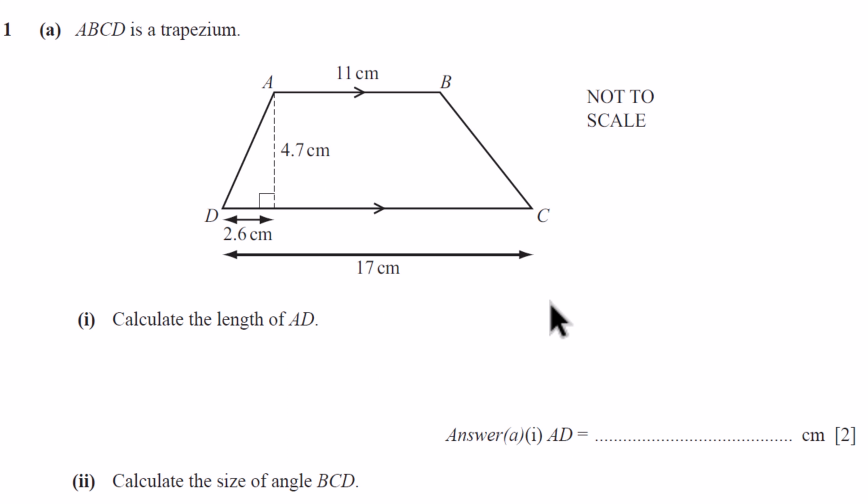So the very first question here shows a trapezium. We are being asked to find the length of AD, which is this slant side here. We're also asked to find the size of angle BCD.